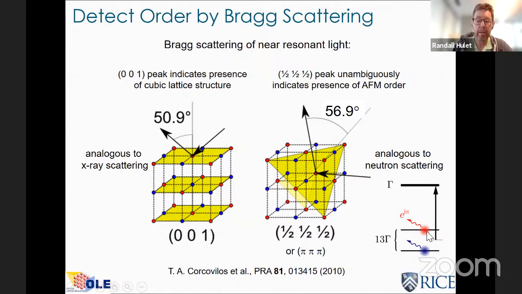And so by tuning exactly between these two levels, one is sensitive to the spin degree of freedom. This is an idea that is very powerful, and we'll use it in another context that I'll describe later in the context of FFLO physics.